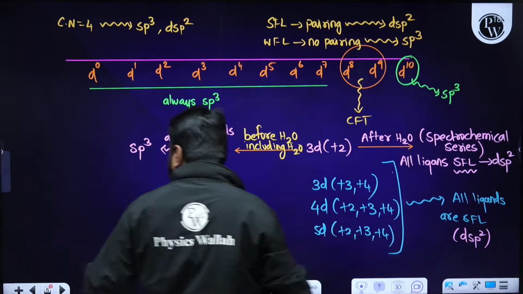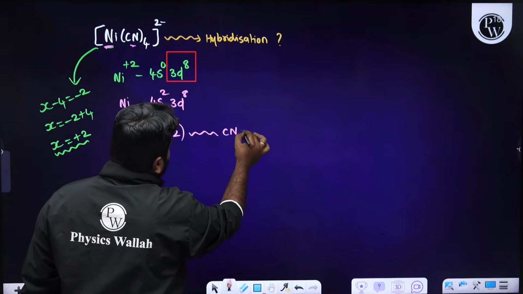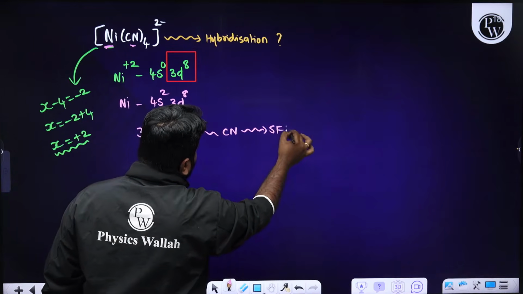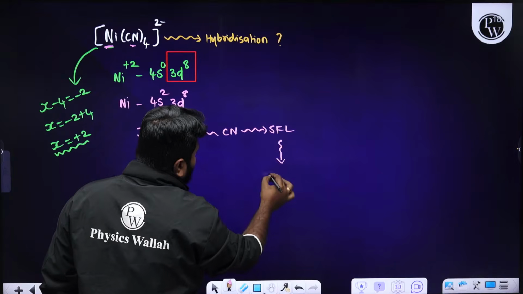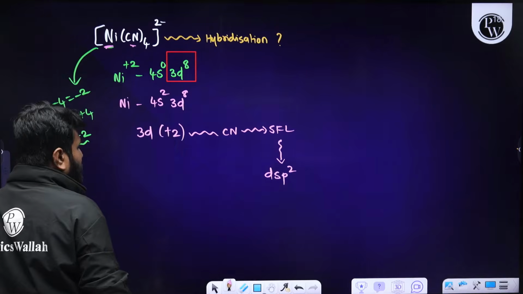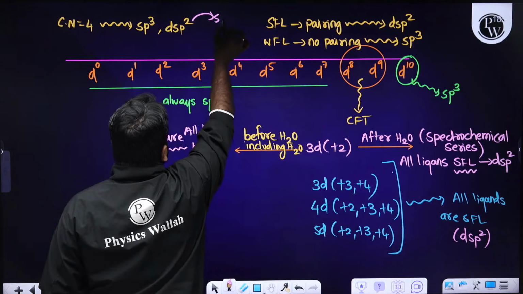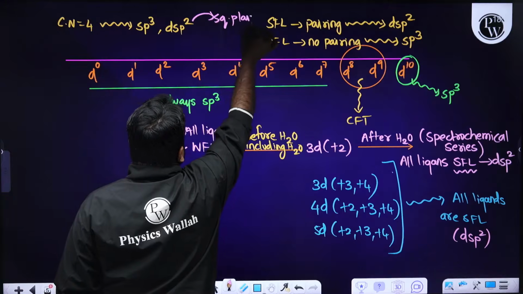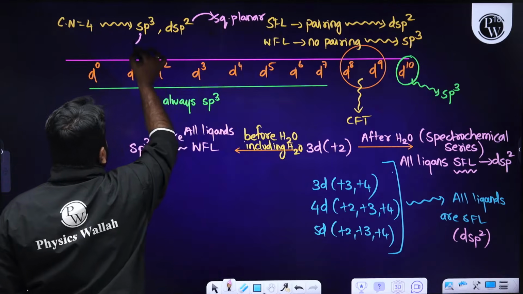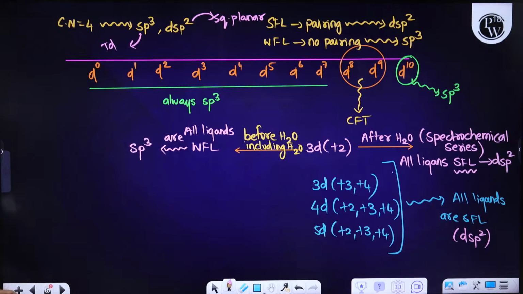CN is a strong field ligand, so automatically what will be the hybridization? dsp2. Now dsp2 means what will be the geometry? dsp2 means it is square planar. sp3 means it is tetrahedral. That's all, my dear students.